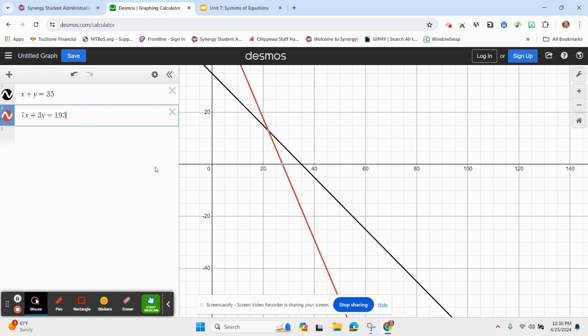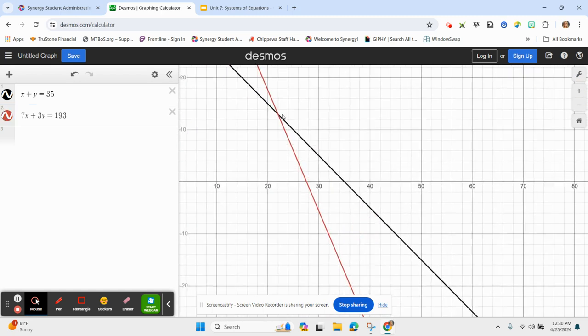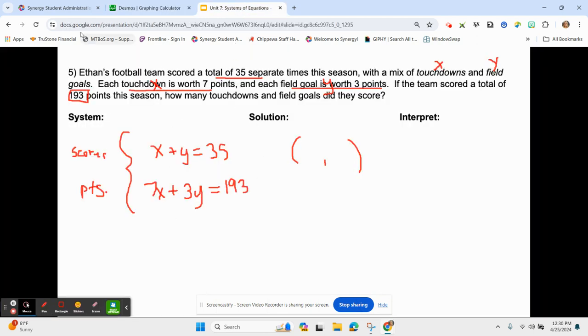Okay, so when I graph that, I'm going to zoom in right here, and I can see that it turns into 22, 13. So 22 comma 13 is my solution, and that solution looks like this: 22 for x and 13 for y.